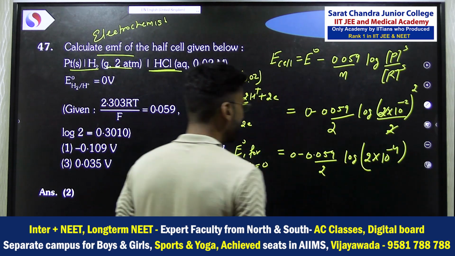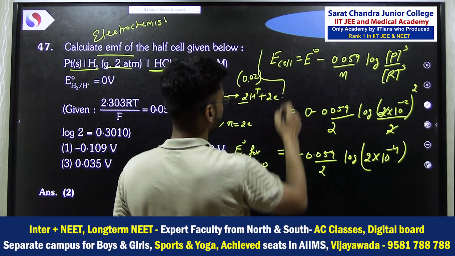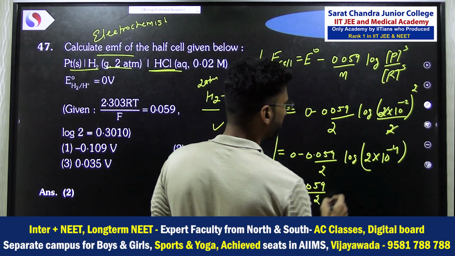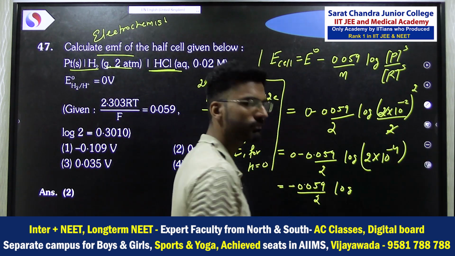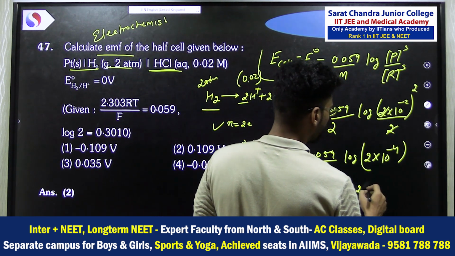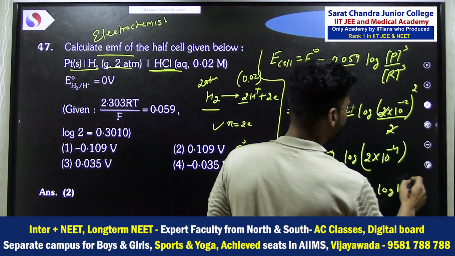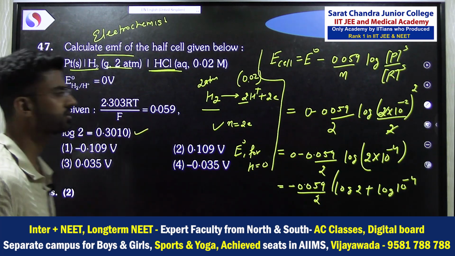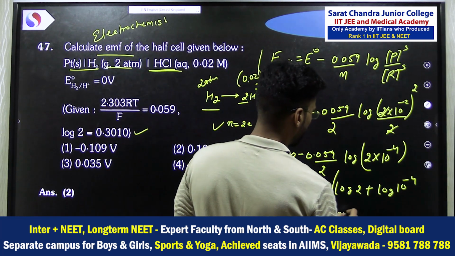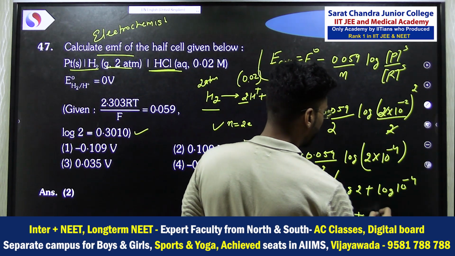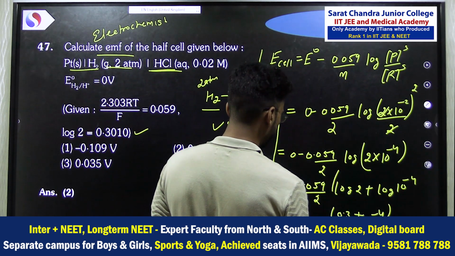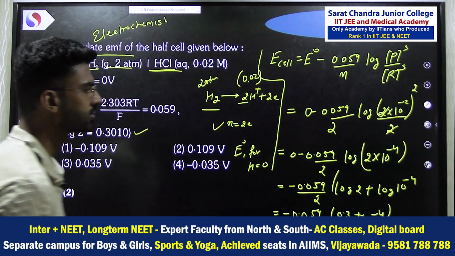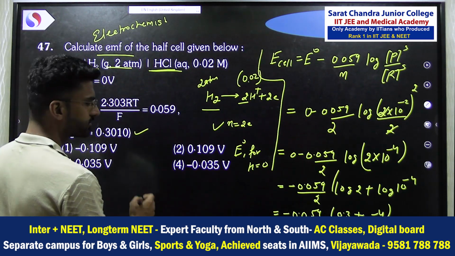So how to solve the log value? It's minus 0.059 divided by 2 log of A into B. So this is log 2 plus log of 10 raised to power minus 4. Log 2 value is already mentioned, 0.3. So 0.3 plus minus 4, and you will get minus 3.7.